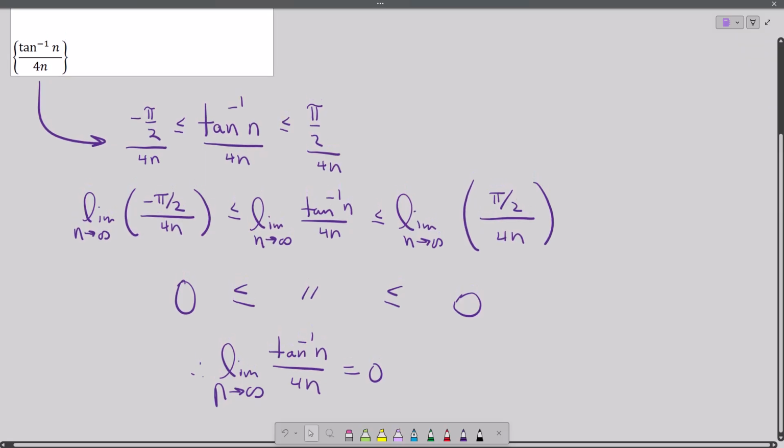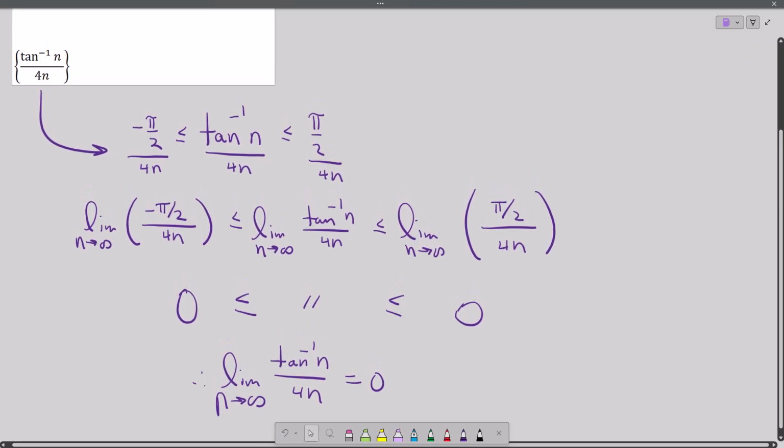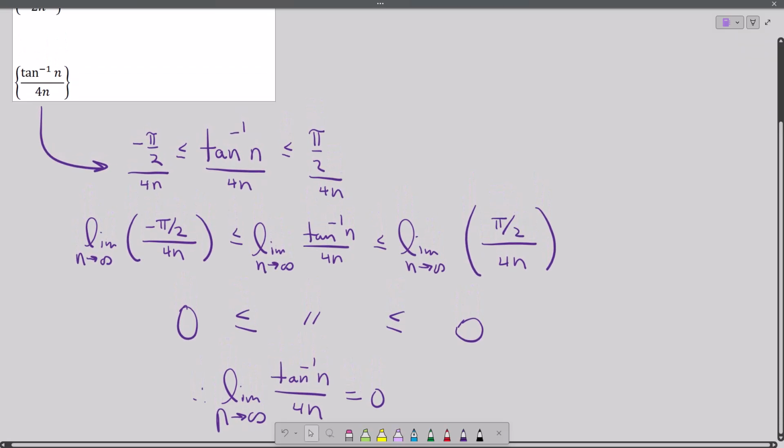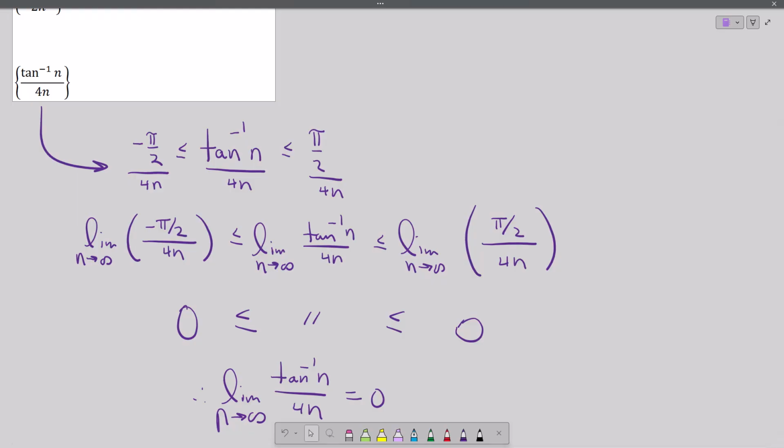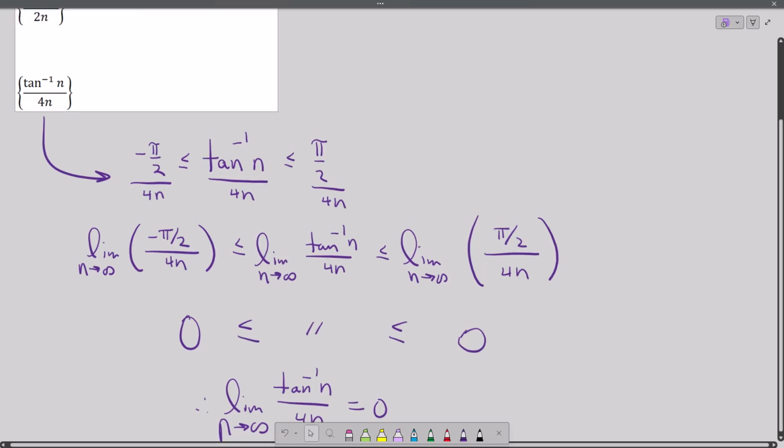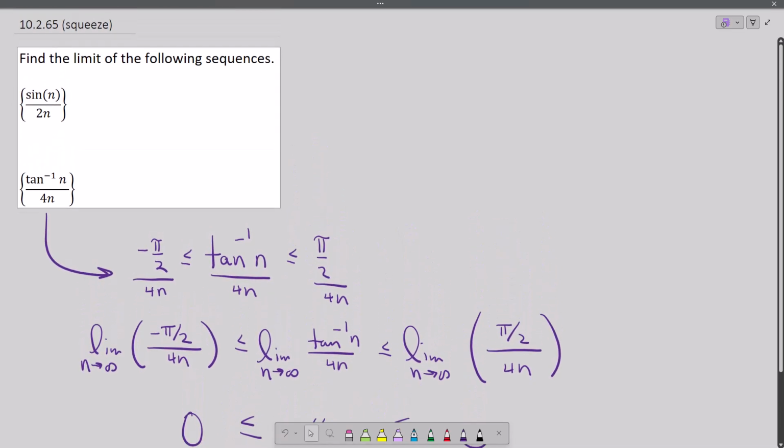That's how the squeeze theorem works. Again, in this particular case, the limit of the numerator is a constant and the limit of the denominator is going to infinity, so you could bypass the squeeze theorem here. With sine, though, you wouldn't be able to; you would have to use the squeeze theorem.